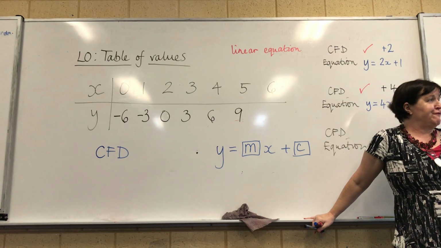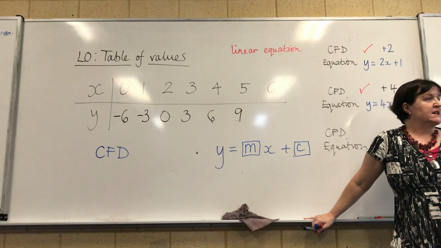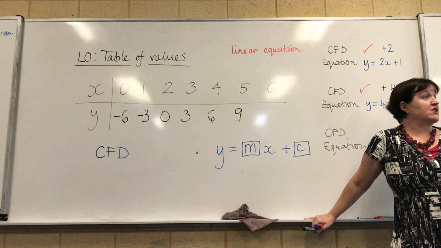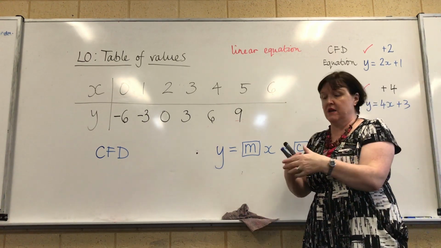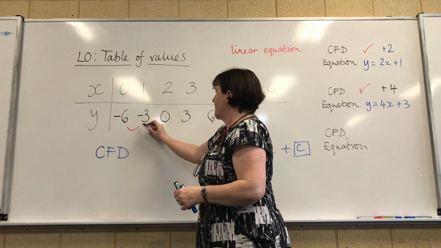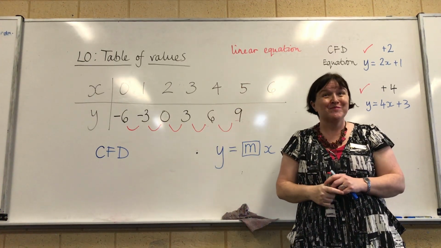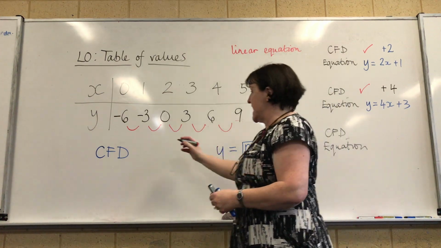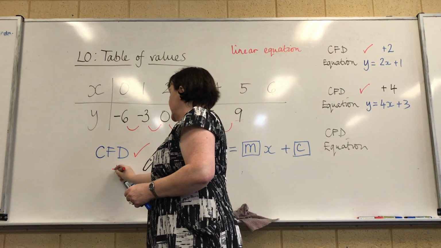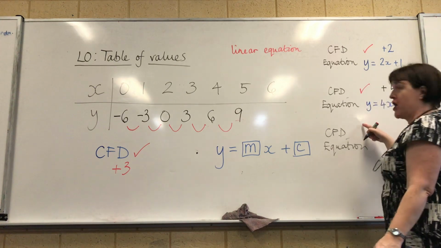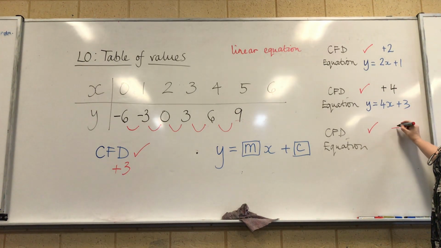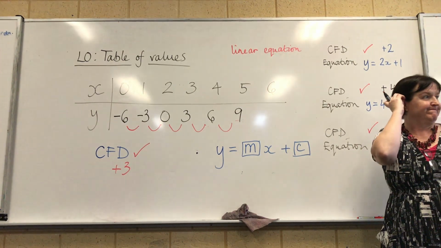So, as I said, the first thing that we look at is to see if there is a constant first difference in the y values. So let's have a look. What's happening there? Going up by 3. So there is a constant first difference and it's going up by 3. So on our third one, we can put yes as a constant first difference.